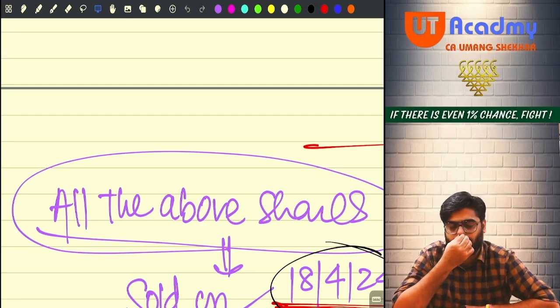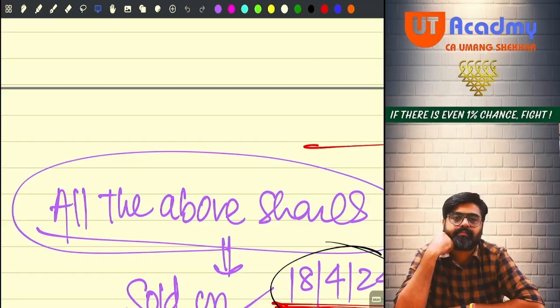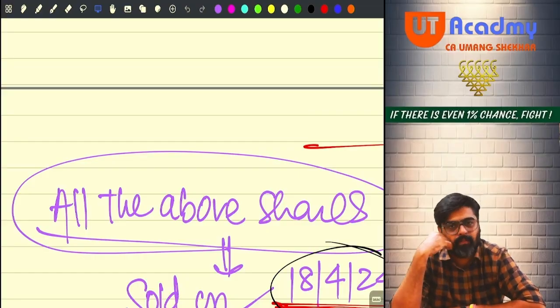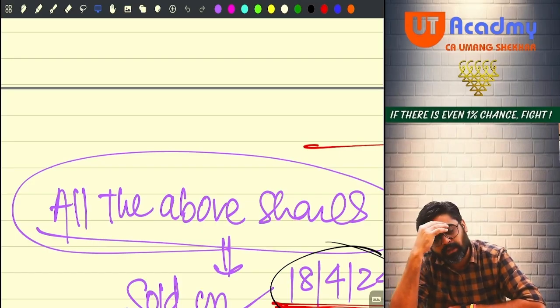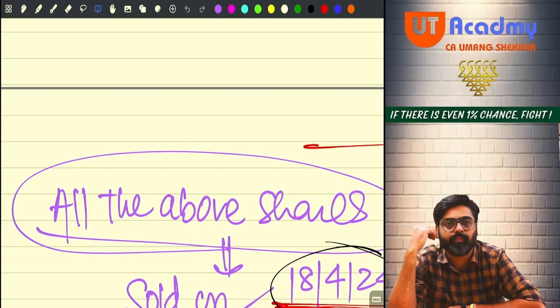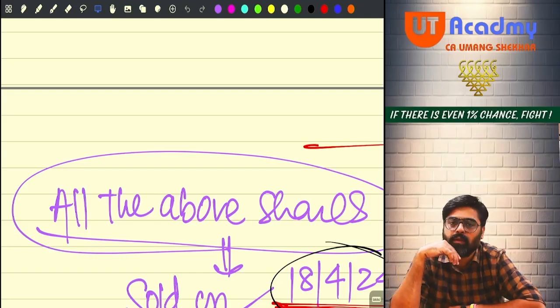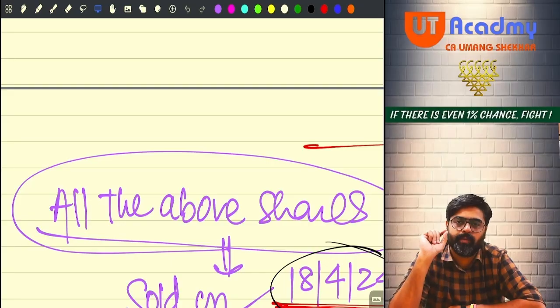And at the time of sale of these shares, FIFO basis to be adopted.